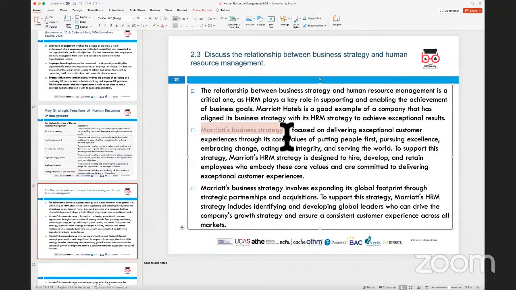Marriott Hotels' business strategy, in terms of its long-term objective in the company's vision and mission statement, is to provide exceptional customer experiences by equipping its properties to deliver this when people book hotels for holidays, vacations, business meetings, and events.